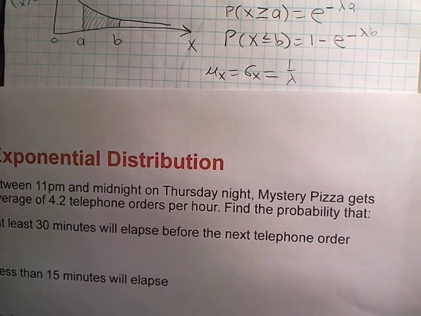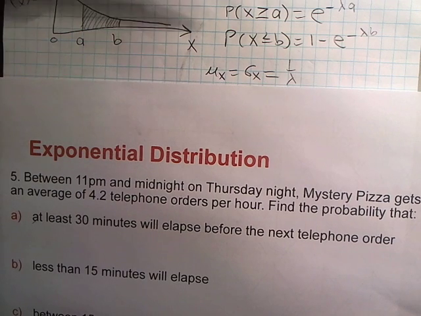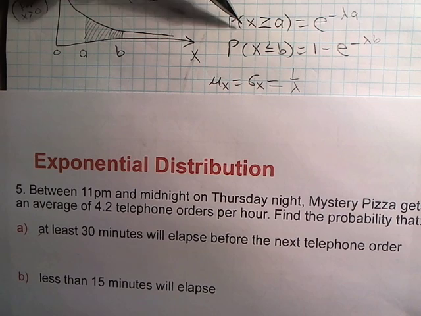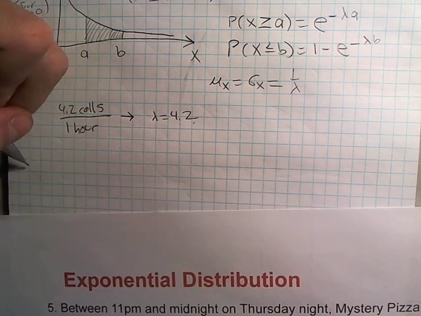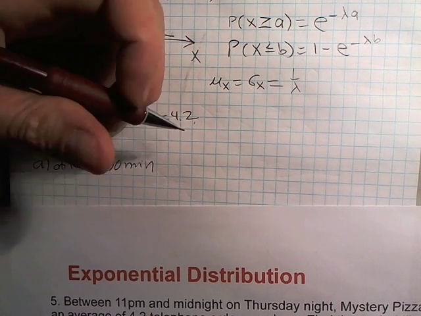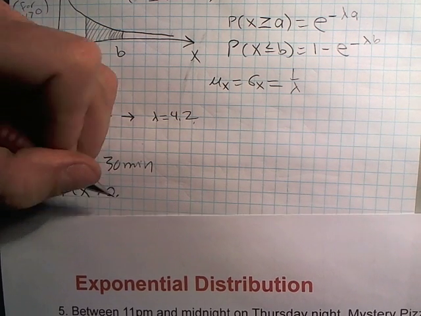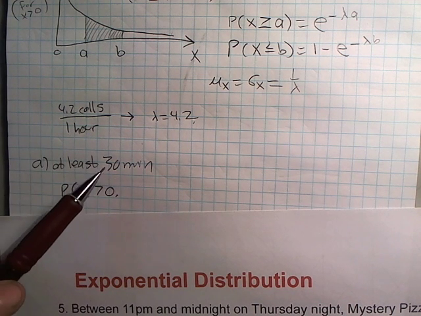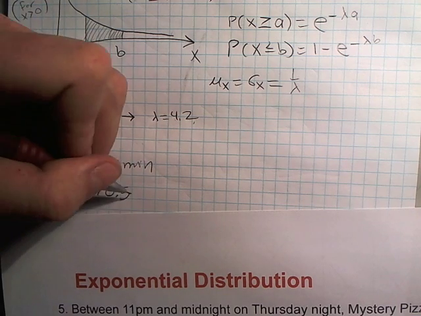We want to find the probability that at least 30 minutes will elapse before the next telephone order. At least 30 minutes means that value or greater than. So the relevant formula will be this version. At least 30 minutes corresponds to saying the probability that X will be greater than or equal to, and here, because we have 4.2 calls per 1 hour, the unit is now hours, so 30 minutes is comparable to 0.5 hours.